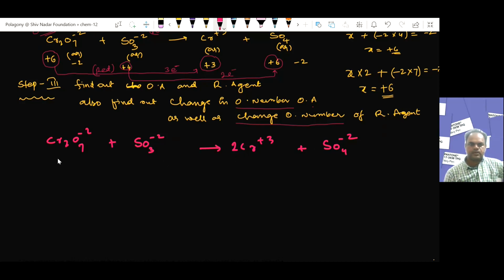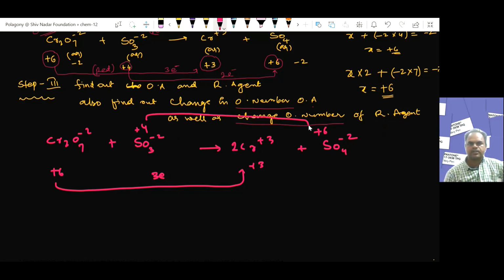Now since oxidation number is changing, chromium changing from plus 6 to plus 3, the electrons difference is 3 electrons. Whereas sulfur changing from plus 4 to plus 6, so 2 electrons difference. Now balance these electrons numbers on both sides.